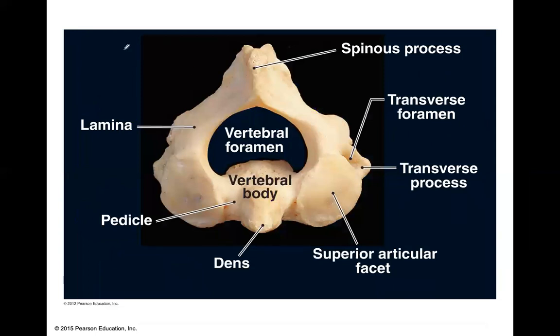Now, here is C2, which is the axis. And there's a big difference between atlas and axis. The axis does have a vertebral body, and off the vertebral body is this projection called the dens, also known as the odontoid process.